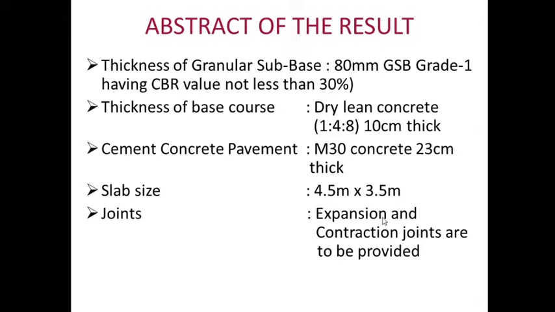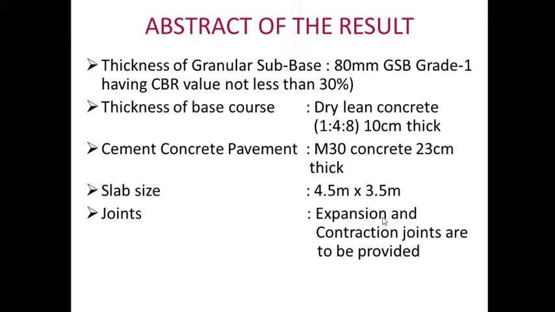Over the subbase, there should be a base course. The base course may be WBM, waterbound macadam, or WMM, wet mix macadam, or we can go for dry lean concrete, DLC, 10 centimeter thickness. Then the cement concrete slab, cement concrete pavement, M30 grade concrete 23 centimeter thick.